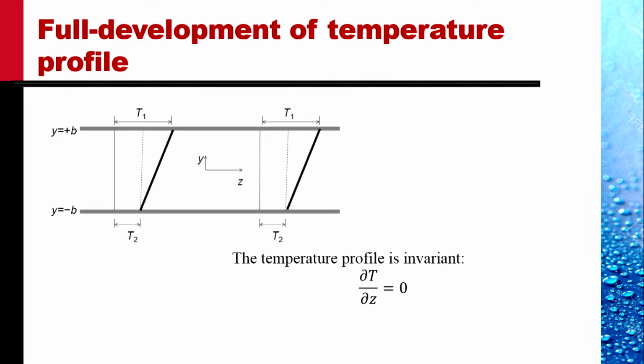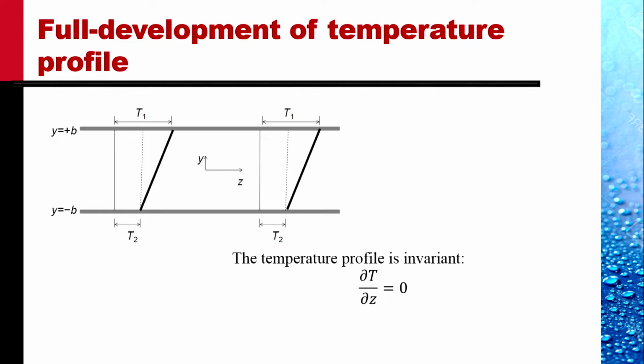Suppose again we have two parallel plates now, and these two parallel plates are at two different temperatures with the fluid flowing in between. Let the lower plate be maintained at temperature T2 and the upper plate at a temperature T1.